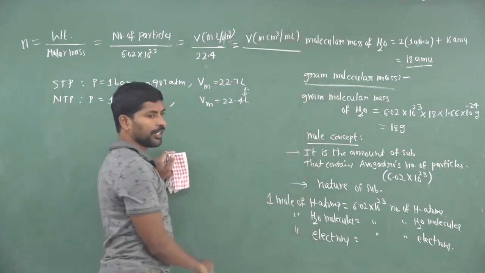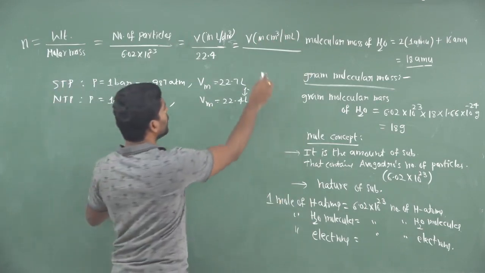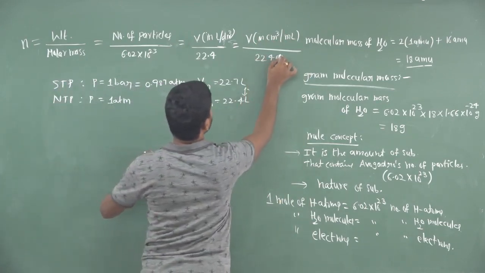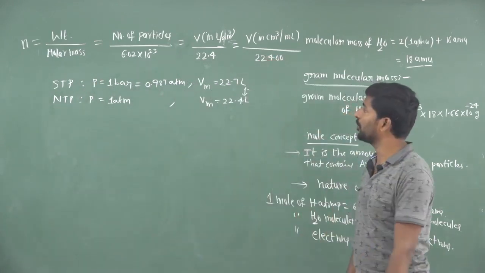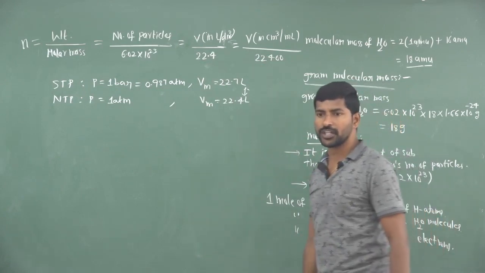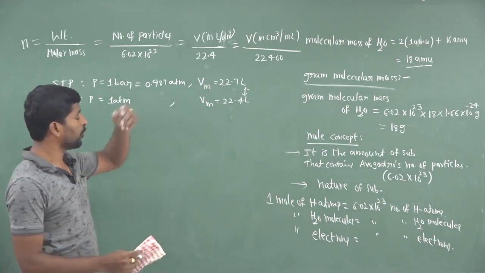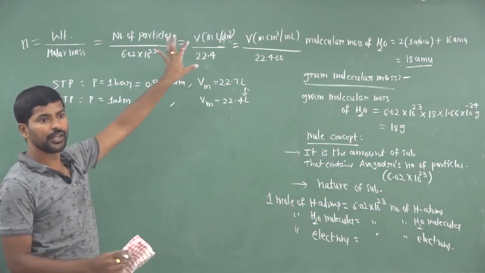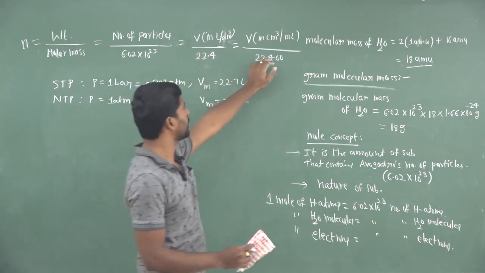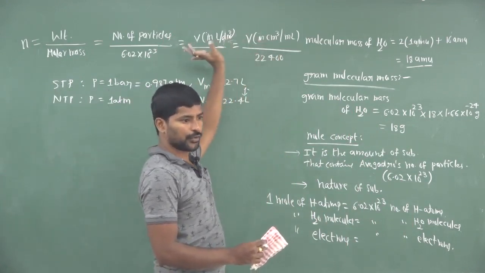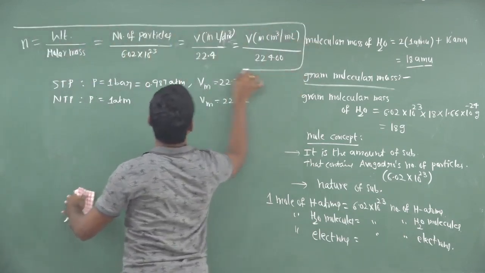If I give volume in centimeter cube or ml, we have to divide with what? 22,400. I am giving 22,400 ml of substance. That means how much amount of substance? 1 mole of substance. 44,800 ml of substance I am giving under NTP conditions. How many moles of substance? 2 moles.